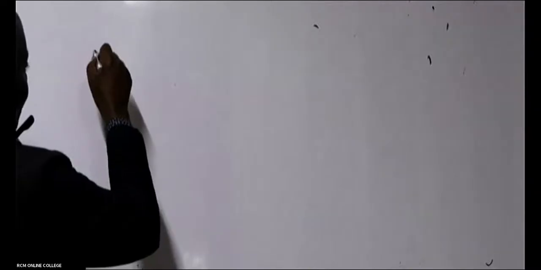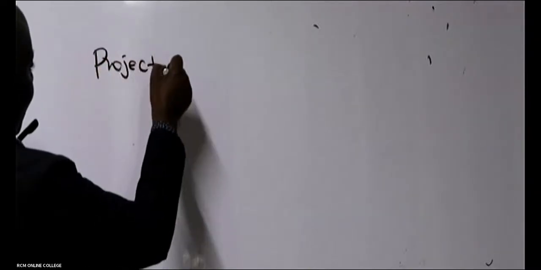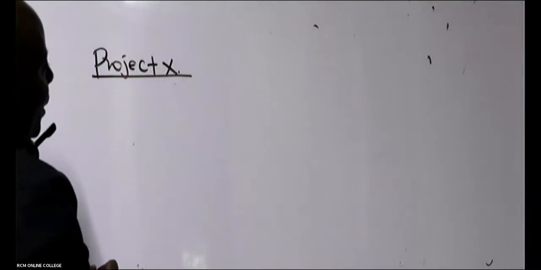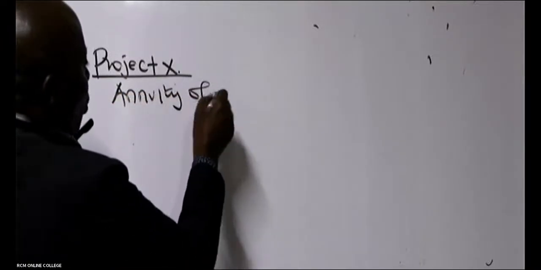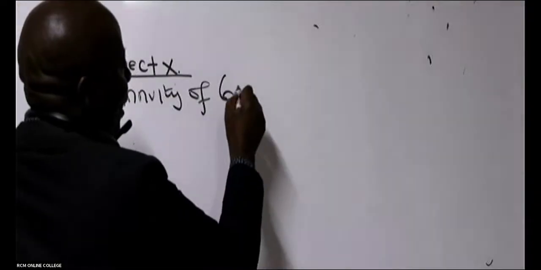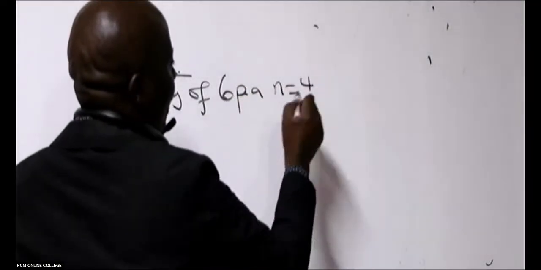Now, so it's Project X. I can see it has an annuity of 6 per annum for 4 years.